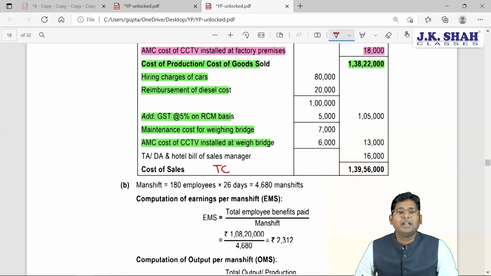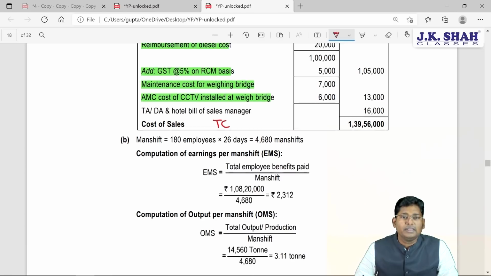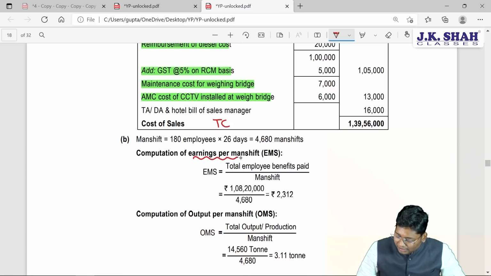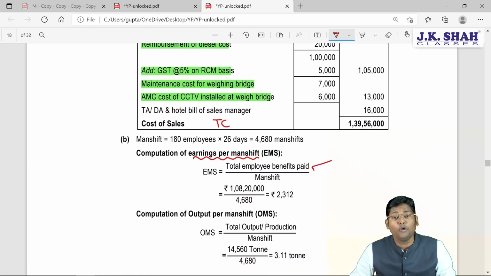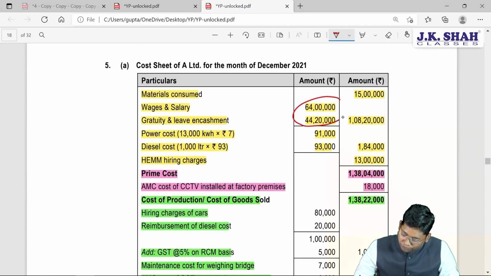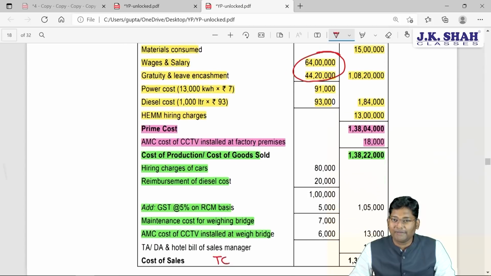Question point A is asking us to show the total cost or total benefits or total earnings on the basis of per man shift. So for calculating earning per man shift, very first you should calculate the total employee benefit paid. Total employee benefit paid are two. We have paid them wages, we have paid them gratuity and leave encashment. So both the values are added here.